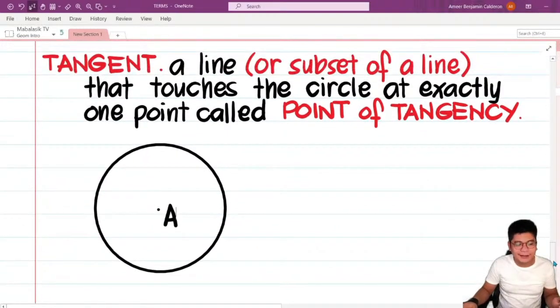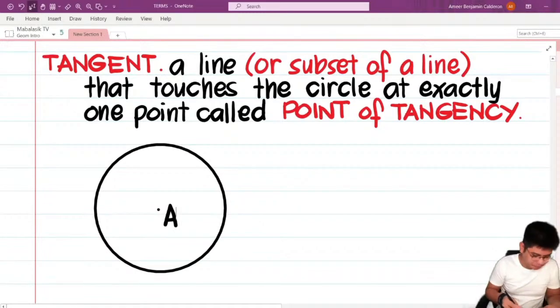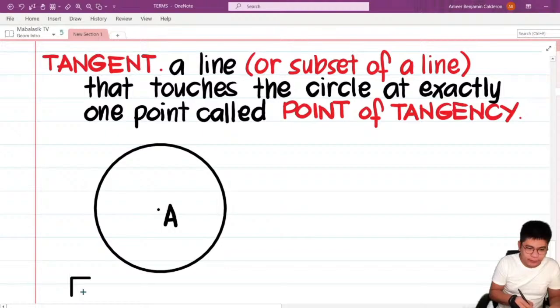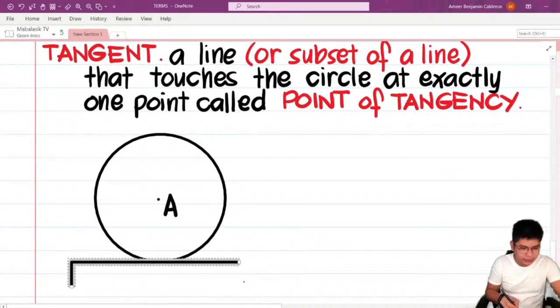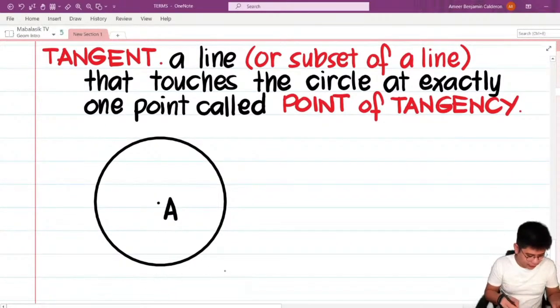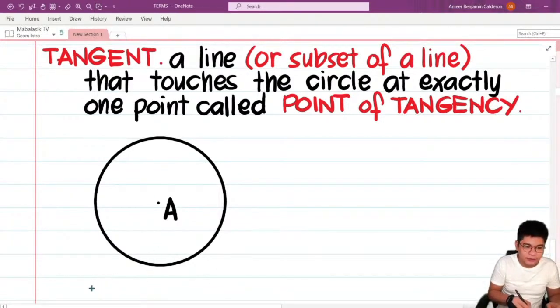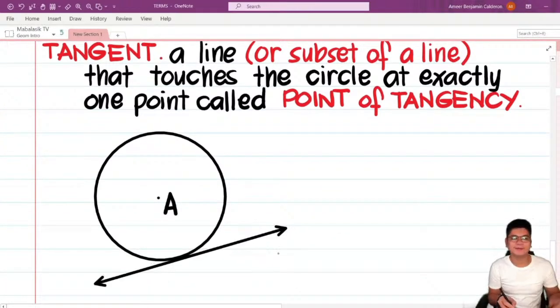It can be a line or a subset of a line. I'll draw a line. Ba't ganun? Teka lang. I'll draw a line. I said a line. So, right there.